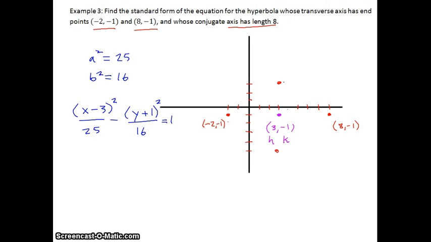We have our a's and our b's located, and so that means that we can identify the rectangle that shows us the asymptotes that bind the hyperbola.